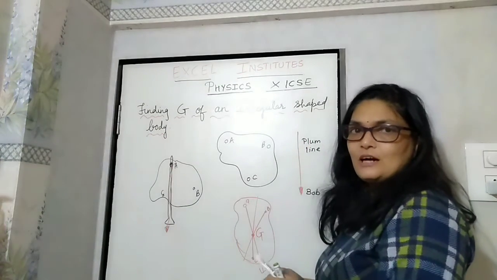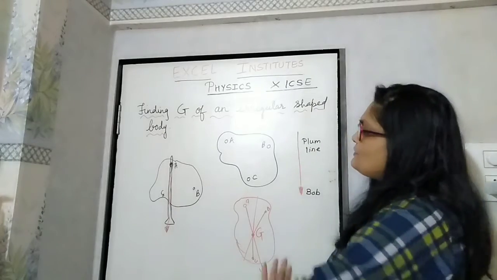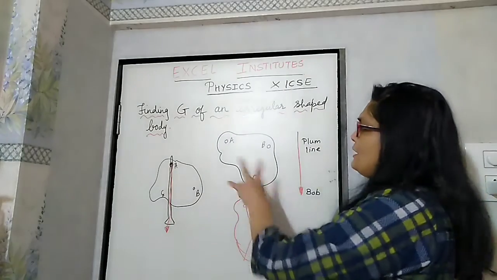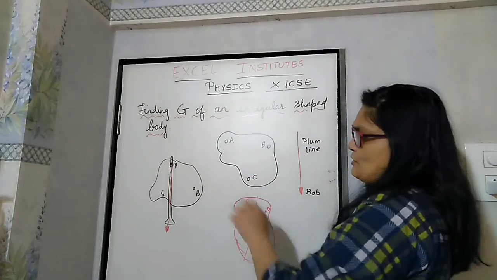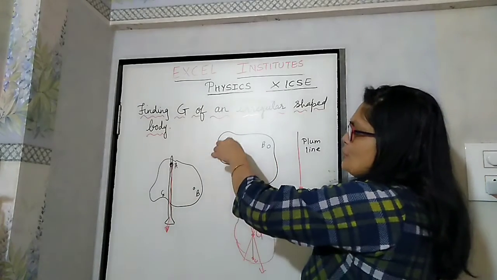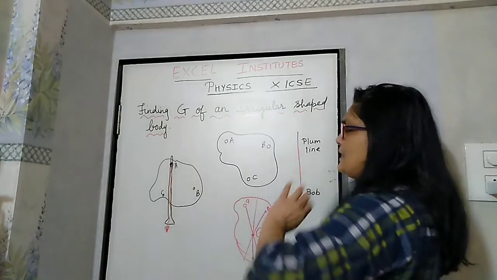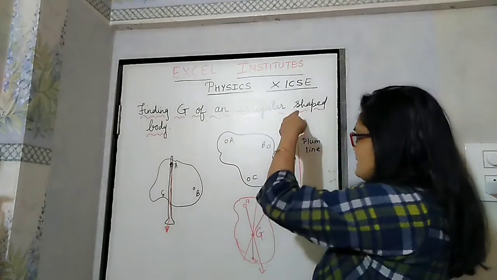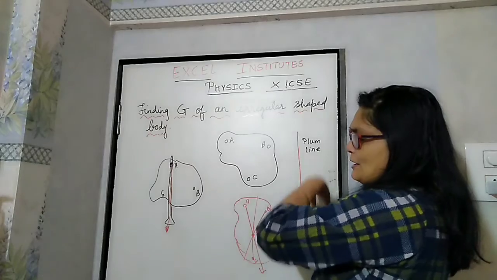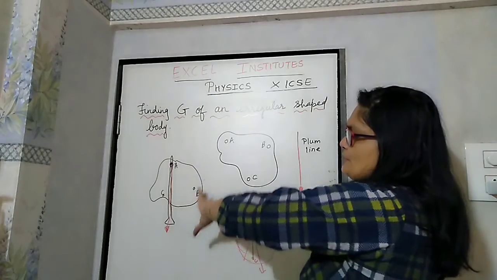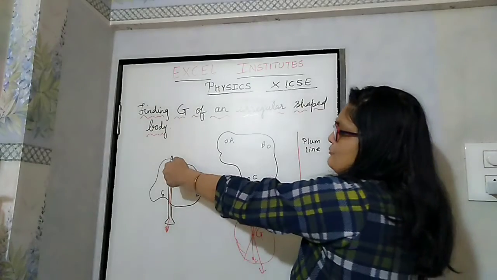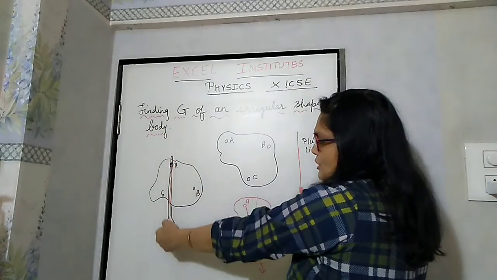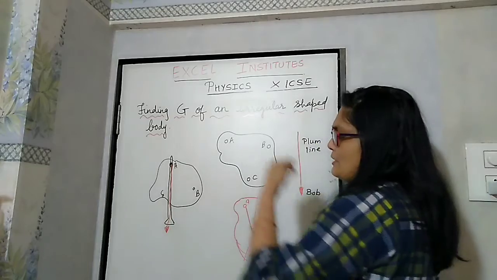Is it clear? I'll once again repeat. We have to take the irregular body, identify 3 points at the edges and make holes. On a stand where there is a hook, you put it through any one of the holes, say A. Through that same hook, suspend the plumb line also, or the plumb bob. After some time, when this particular surface becomes stationary, you draw a line from A along the thread of this plumb.